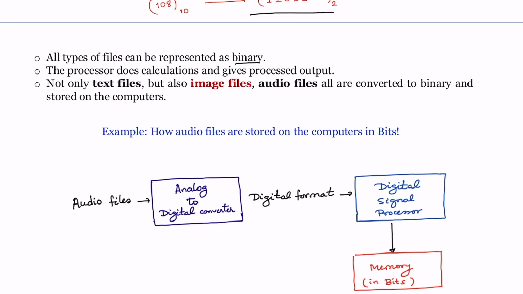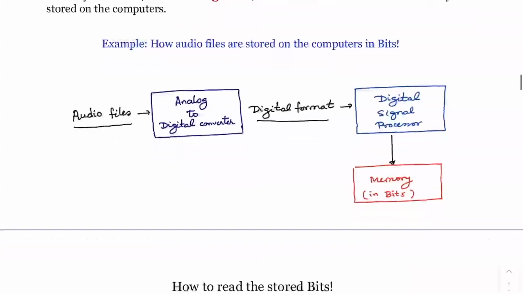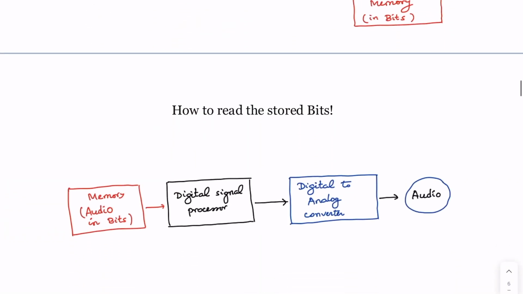For example, if we consider an audio file, it is first converted by an analog to digital converter. It is written in a digital format, and using a digital signal processor, it is stored in memory in the form of bits, and then we can retrieve this information stored in bits by again using a digital signal processor, and then from a digital to analog converter we can convert it back to an audio signal.